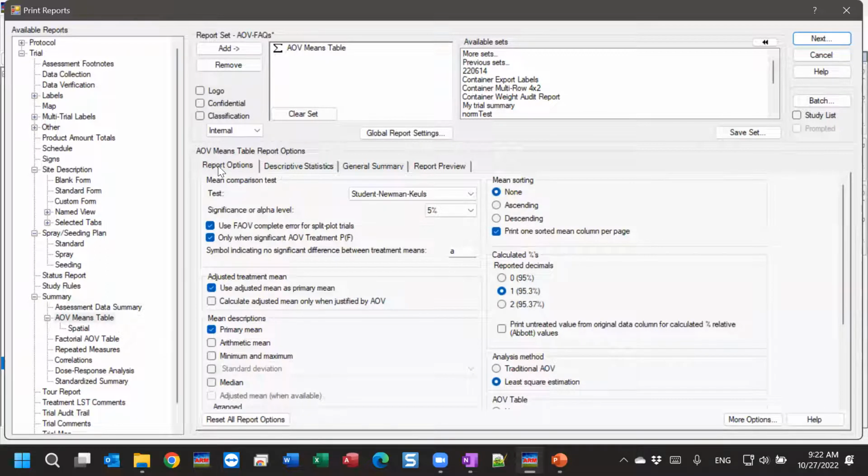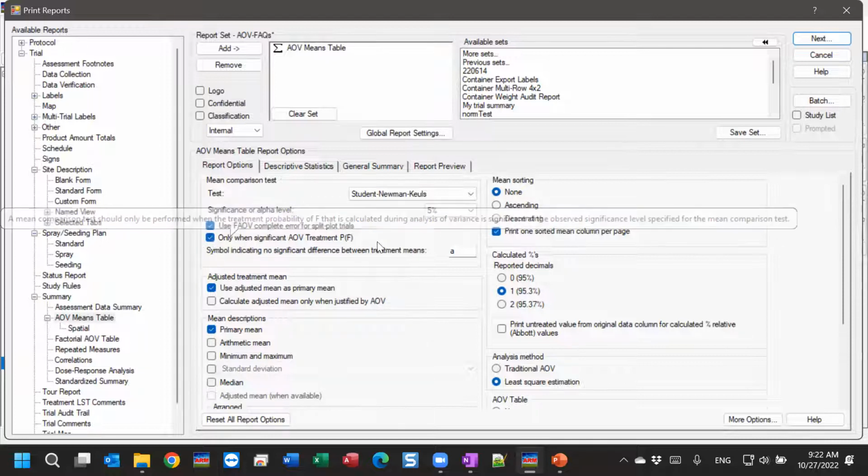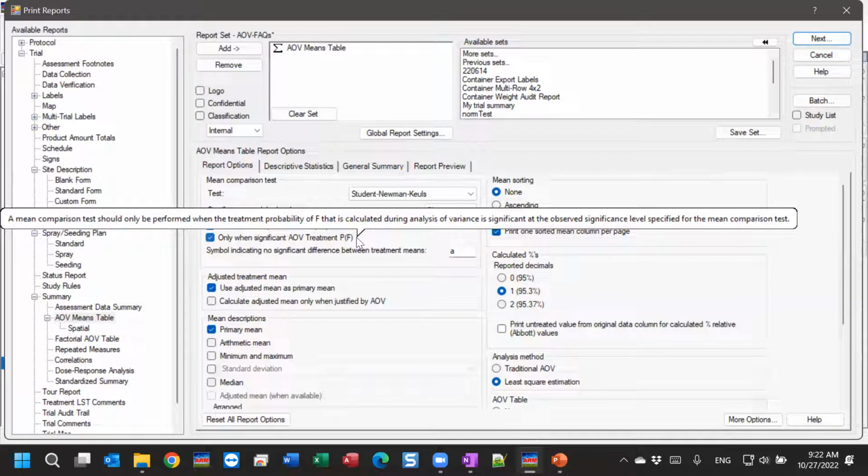We go back to our report options. We have an option right above the last one that we just talked about. This one is only when significant AOV treatment P of F. This one goes back to the workflow, the steps that ARM does in the analysis, where we run the AOV, analysis of variance, and then the next step is to run a mean comparison test.